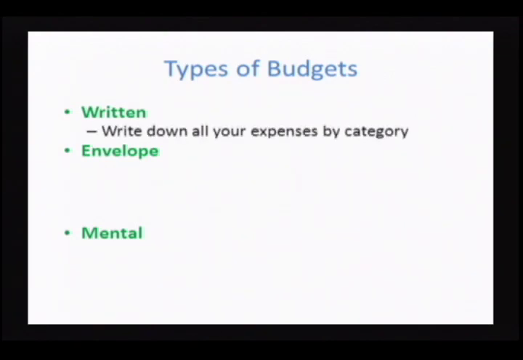A written one, you literally write down your expenses by category. What are some of those categories? Most textbooks, there's numerous resources online that will give you different categories, but clothing, food, utilities, insurance, savings, entertainment. There's all kinds of categories that you can have.